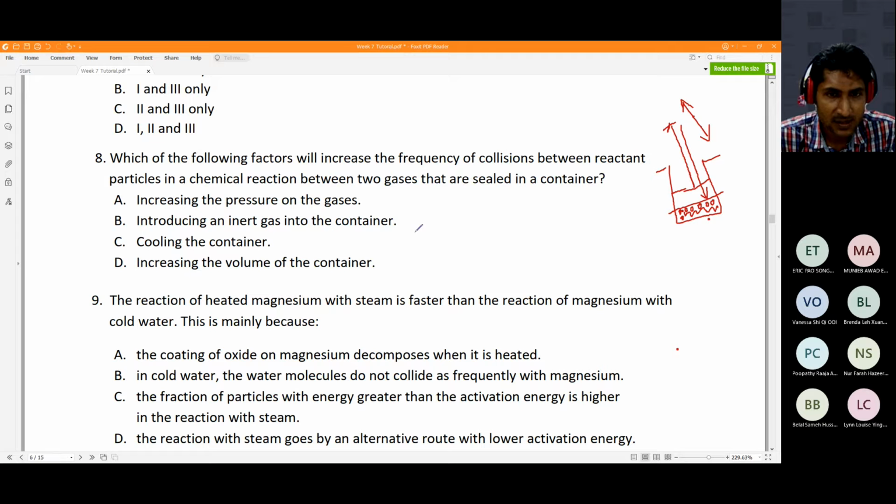Introducing an inert gas to the container, yes, that helps sometimes, but there are some exceptions in that. We will not discuss more. Maybe we will discuss it in depth when you go to the degree.